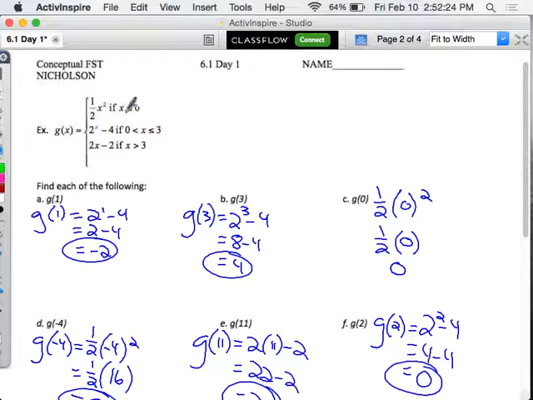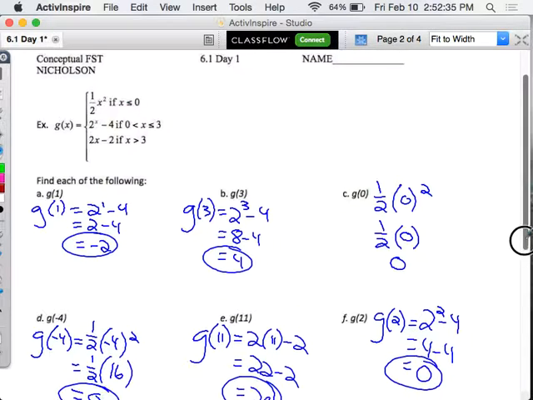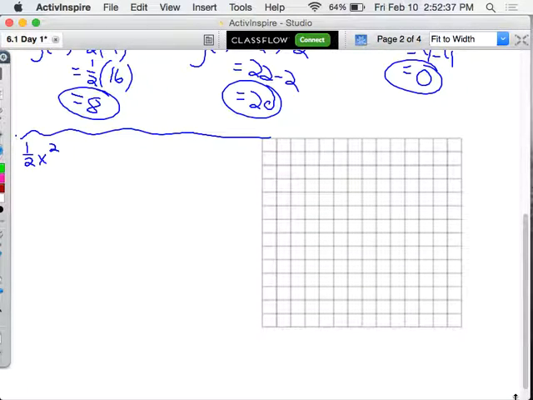For this equation, we have to plug in values that are less than or equal to 0, so we'll do 0, -1, -2, things like that. Creating our table, x, y, we can plug in 0, -1, -2, and -3. Don't forget, at 0, we'll have a closed dot because it's or equals to there.